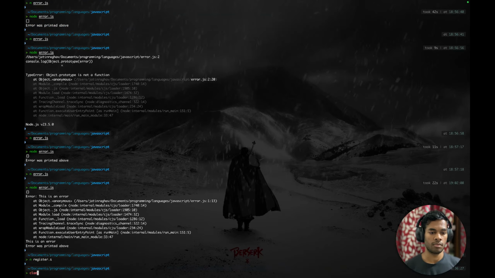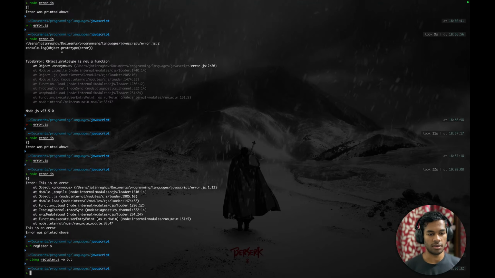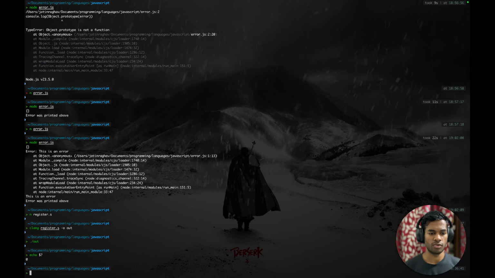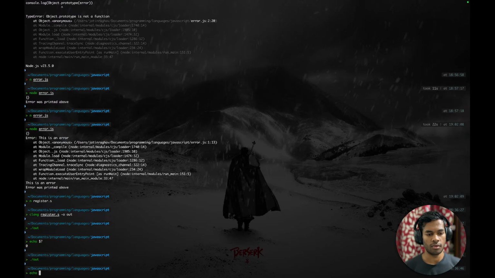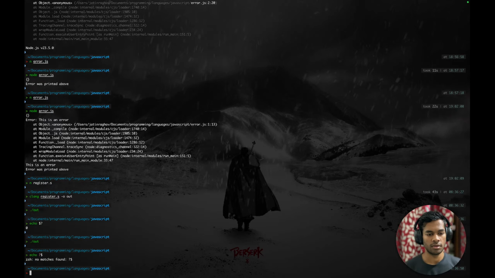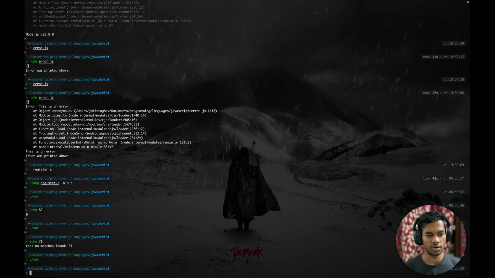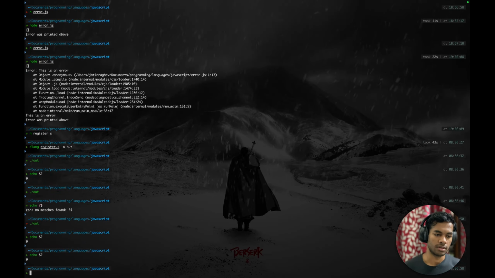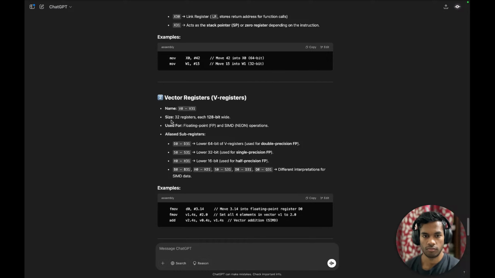That is all. Clang register.s, output a.out, and ./a.out, and echo to see the exit code, dollar sign question mark. ./a.out, echo $?. Okay, for some reason it contains zero. It depends on the processor, right? Yeah.